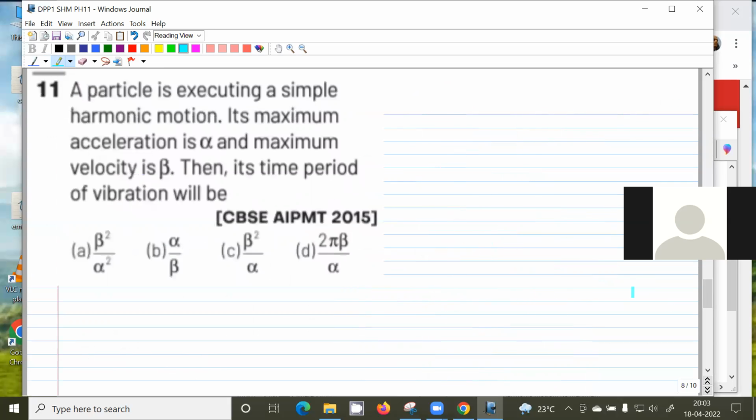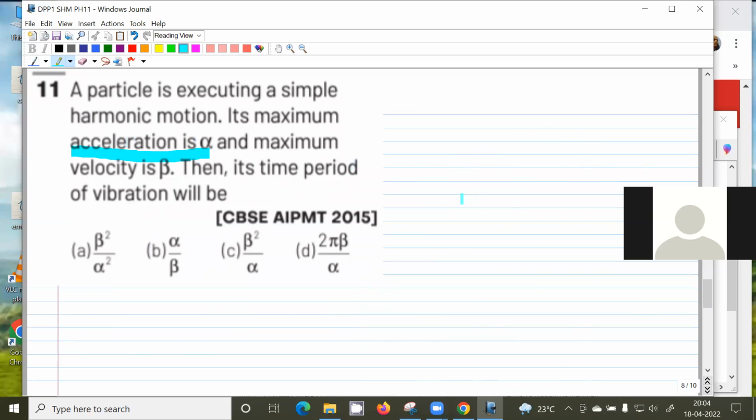Now this one: a particle is executing SHM. Maximum acceleration is alpha. In SHM, acceleration is variable, so when is the acceleration maximum? At the mean position or the extreme position? It will be at the extreme position.